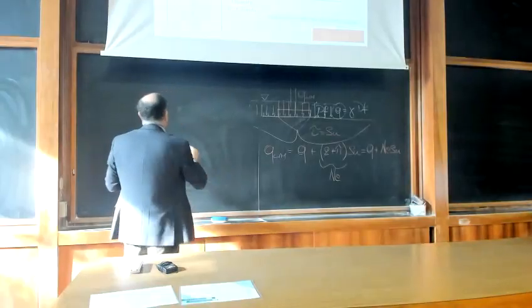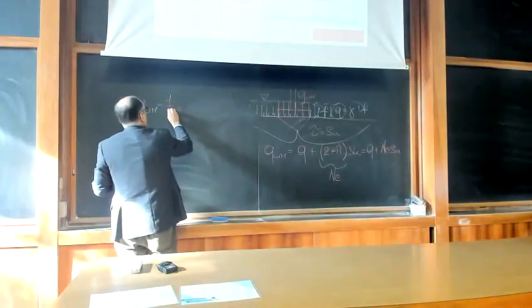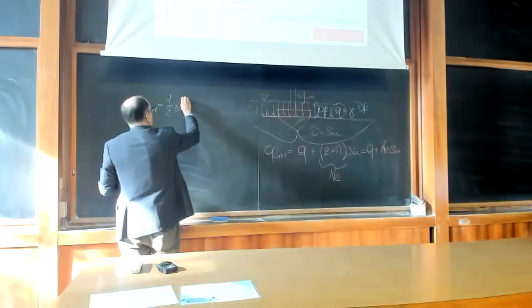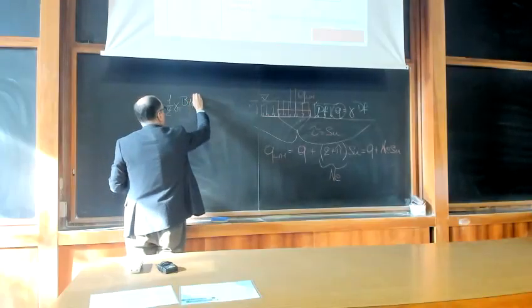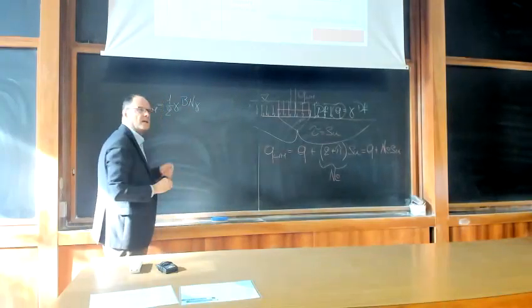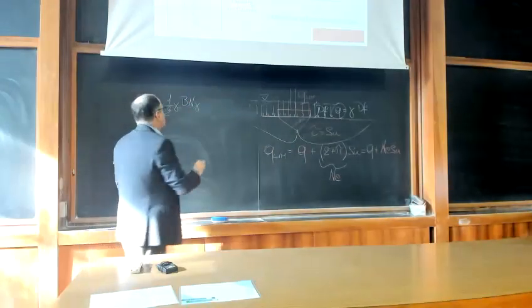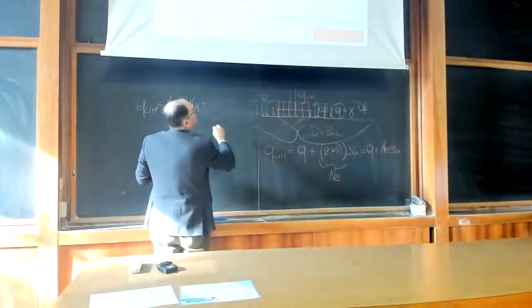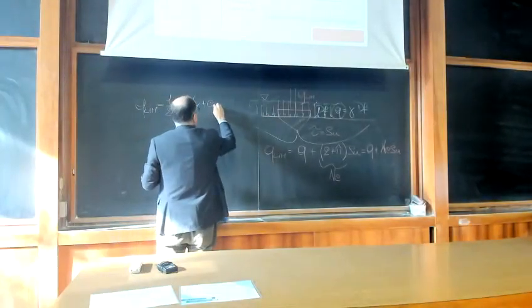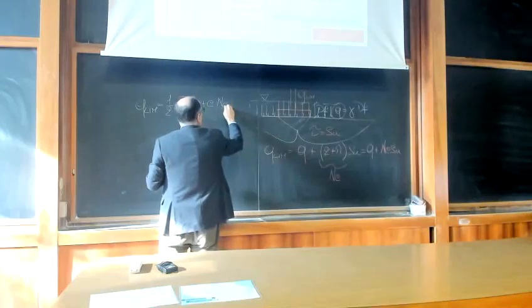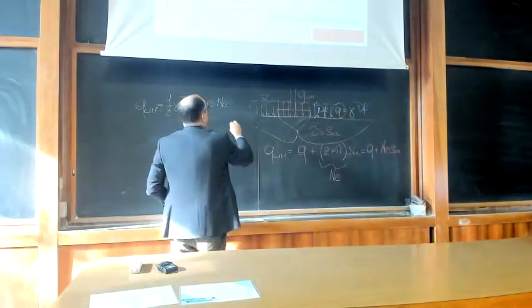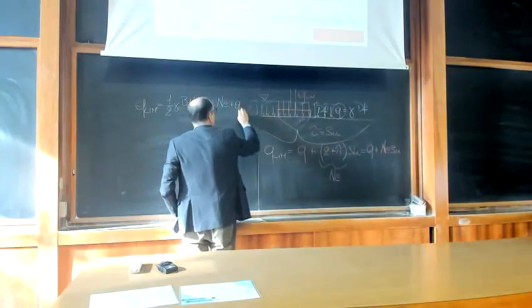The first one is 1/2 gamma B N gamma. The second one is C N C, and the third one is q N q.